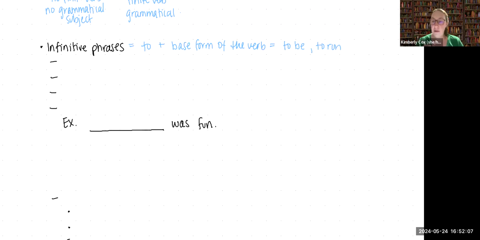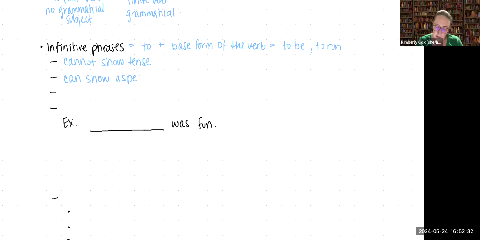Now, there are a couple of important things to be aware of when it comes to infinitive phrases. So first, they cannot show tense. So when you have an infinitive, it is neither present nor past tense. Tense just doesn't exist.